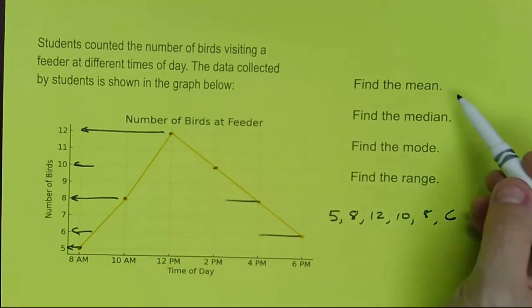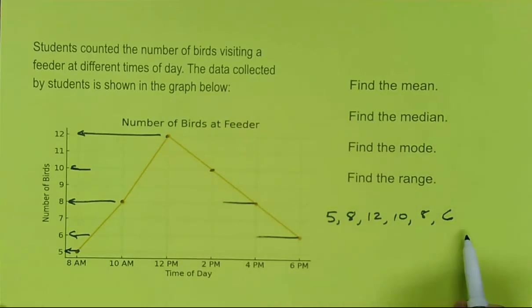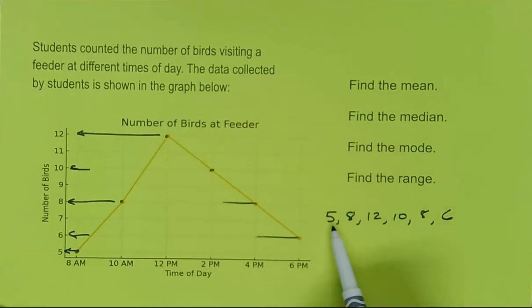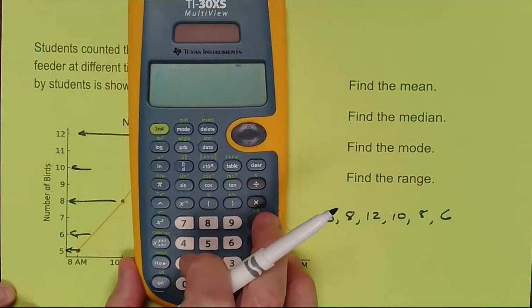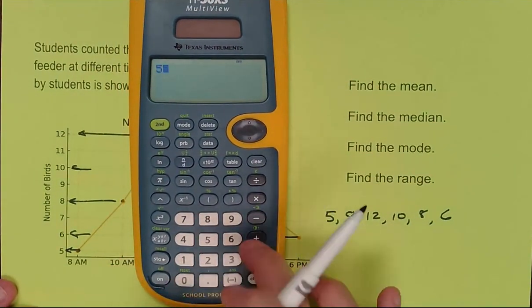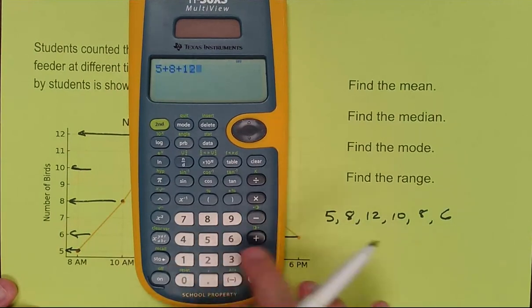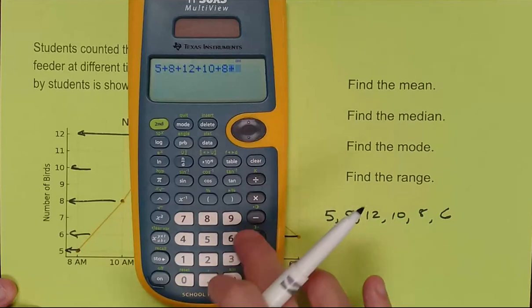To find the mean, we have to add all these numbers together and divide by 6 because that's how many numbers there are. So on our calculator, we're going to add the numbers 5, 8, 12, 10, 8, and 6.